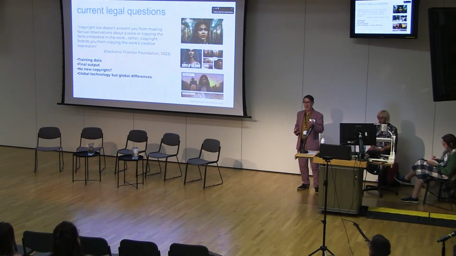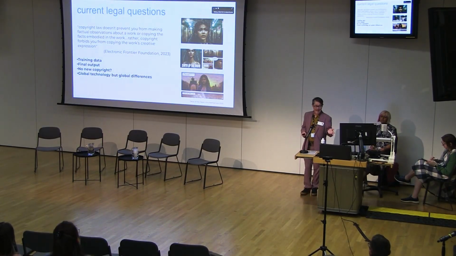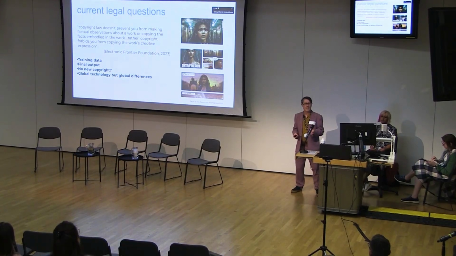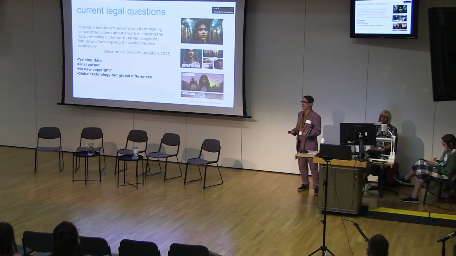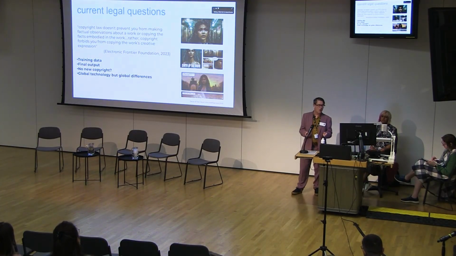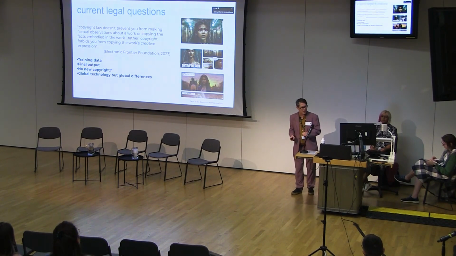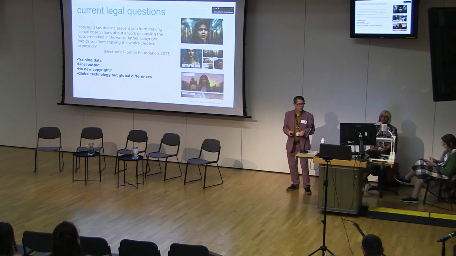Going on to some other current legal questions. Again, another quote here from the EFF, which I found quite interesting. Copyright law doesn't prevent you from making factual observations about a work or copying the facts embodied in the work. Rather, copyright forbids you from copying the work's creative expression.